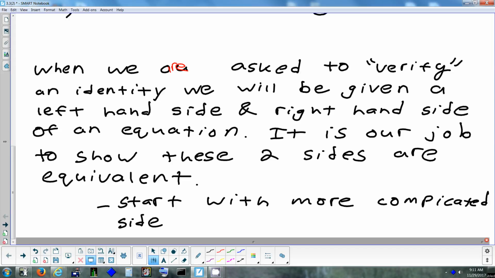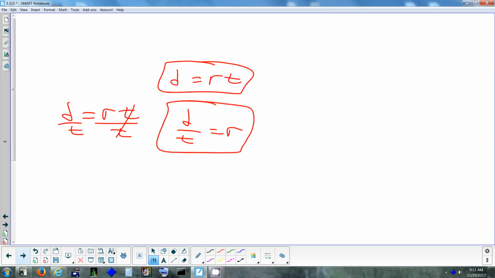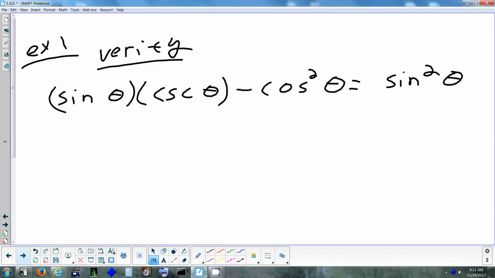Okay, so really, as far as formulas, you're going to need the Pythagorean identities, the reciprocal, and the quotient. All right, so verify. Sine times cosecant minus cosine squared is somehow going to come out to sine squared.